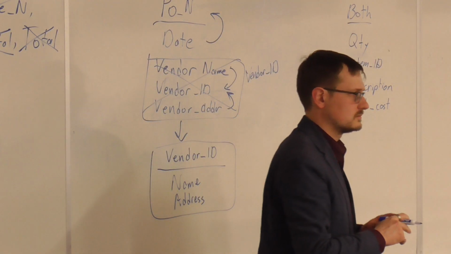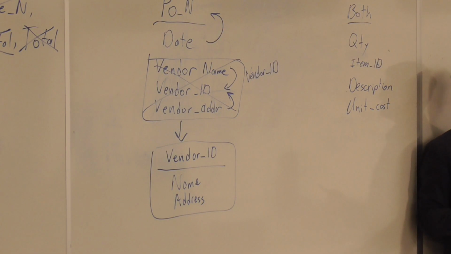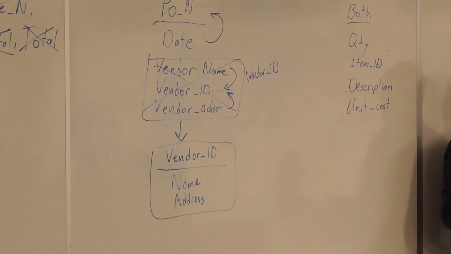Yes. Looking at this specific example, it looks like date is dependent on vendor ID as well. Yes, it does look like date is dependent on vendor ID, but this is another one. You remember how I said you have to be careful about data, right?